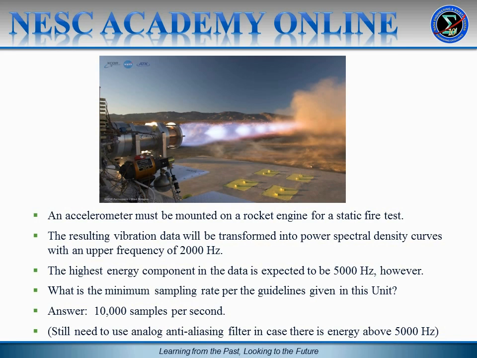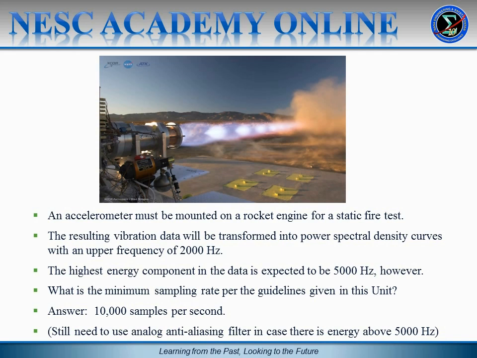Now let's apply these two rules to a test situation. So an accelerometer must be mounted on a rocket engine for a static fire test. The resulting vibration data will be transformed into power spectral density curves with an upper frequency of 2000 Hz. The highest energy component in the data is expected to be 5000 Hz, however.